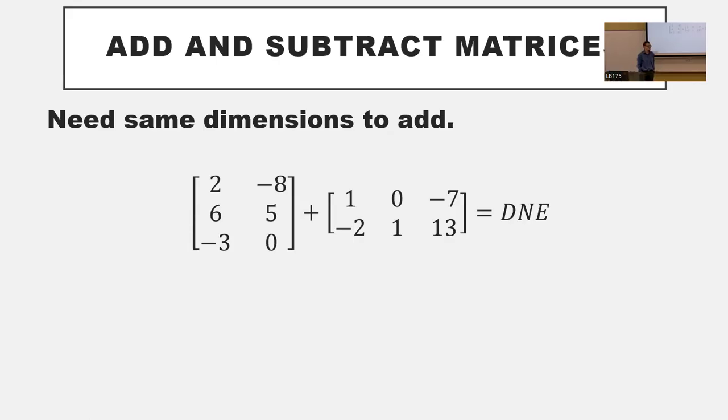So if you're asked to add two matrices with different dimensions, we should know that that does not exist. We can't do that. Right? All right. Good.